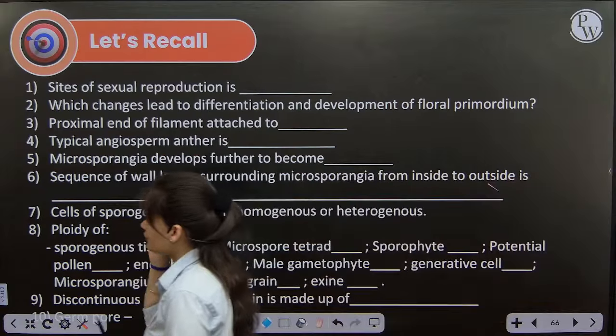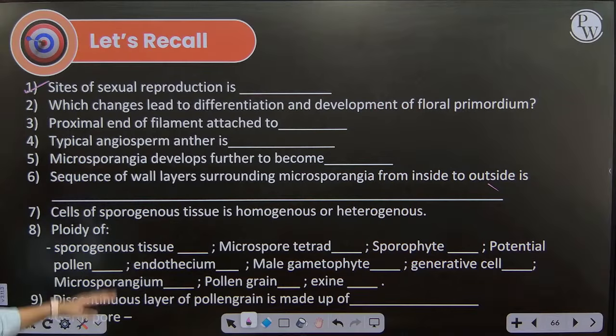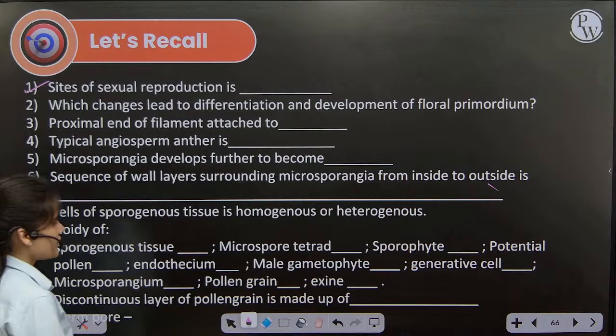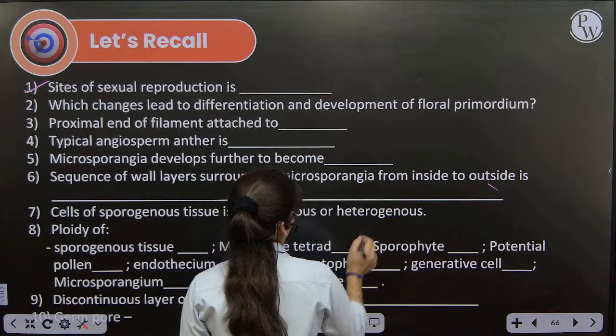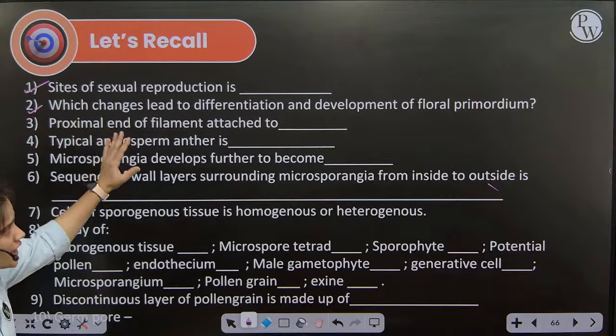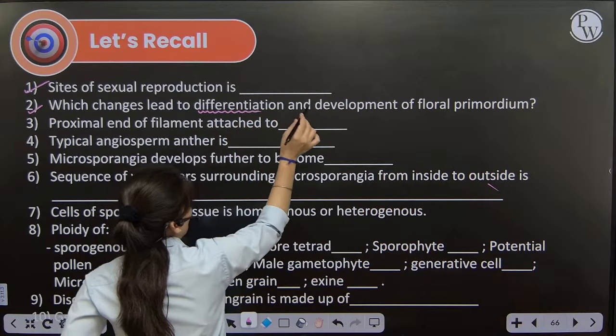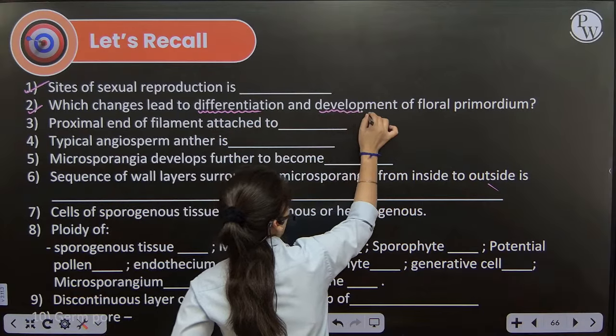First, the site of sexual reproduction is the flower, which leads to differentiation and development of the flower primordium.